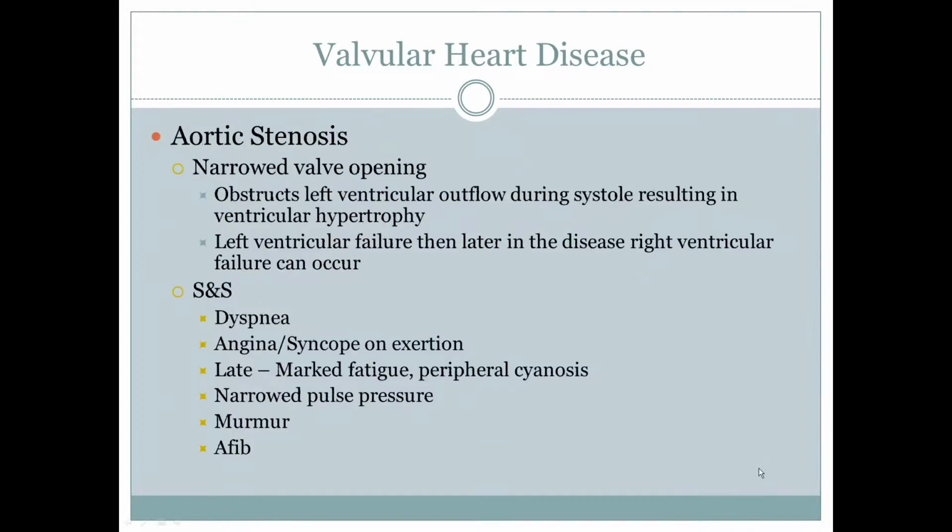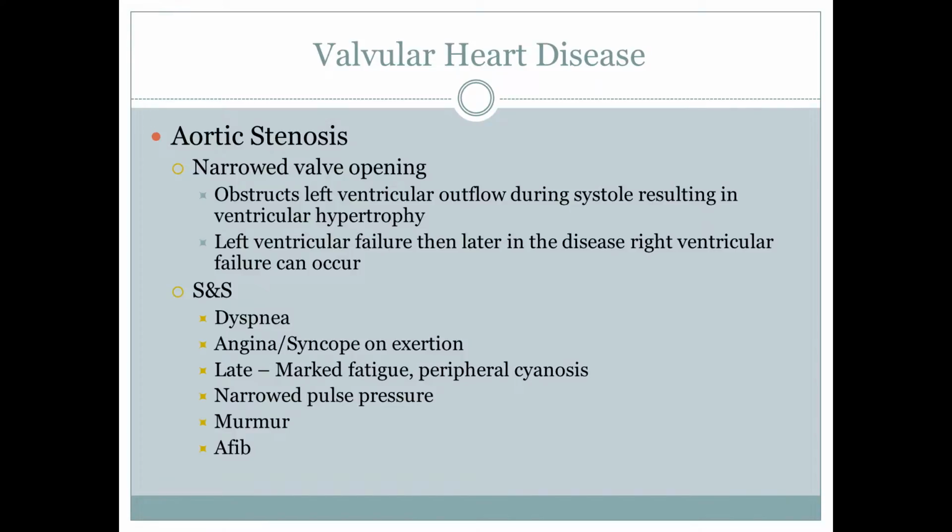Let's start with aortic stenosis. Aortic stenosis in itself means just hardening. It means narrowing, but mostly hardening. So whether it's valves or anywhere else you hear stenosis, you know it has something to do with hardening. This is where the aortic valve is narrowed because it's hardening, usually from calcium deposits.